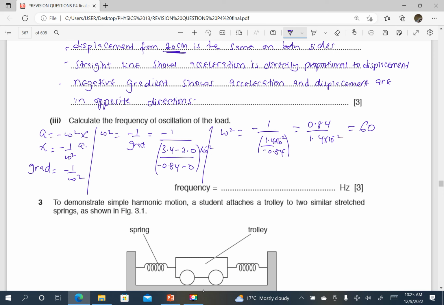Remember, omega is 2 pi f. So what does that mean? 2 pi f squared is equal to 60. And what is f? I first find the square root, then divide by 2 pi. When I divide by 2 pi, I get f as 1.2 hertz. Let me check again. Root of 60 divided by 2 pi.